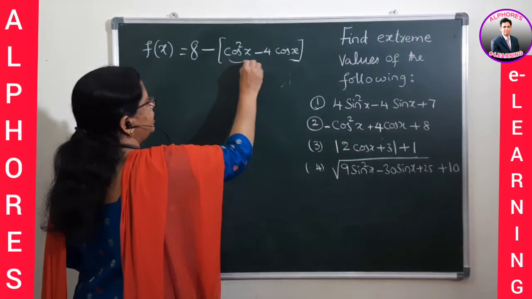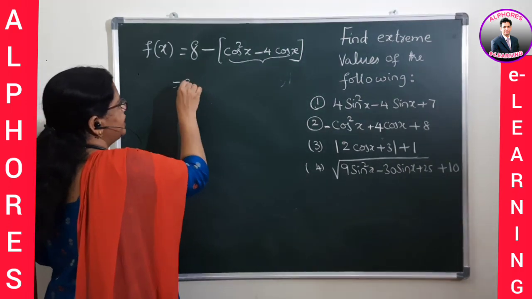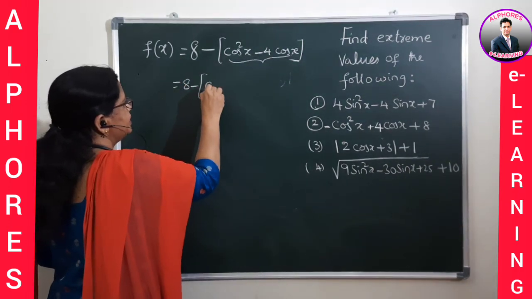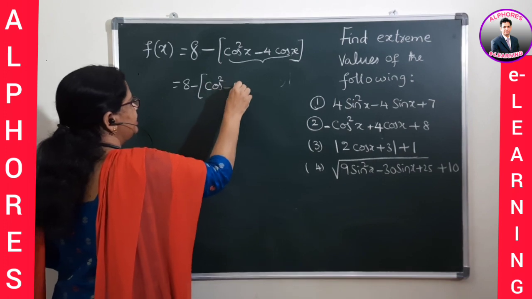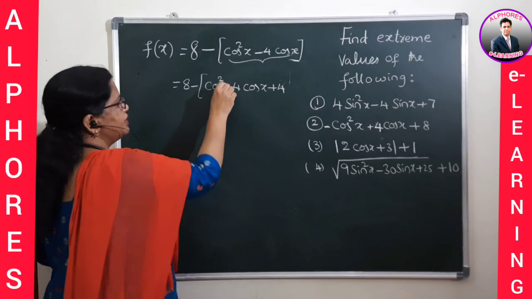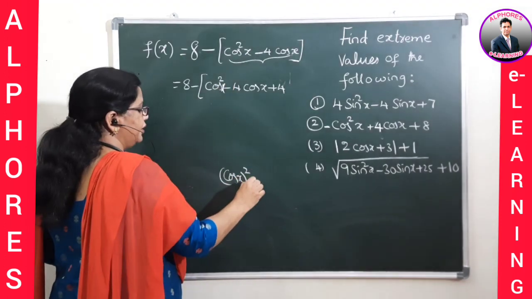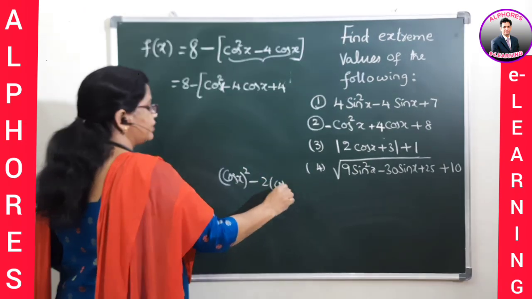Now I want to get this as a perfect square. To obtain this as a perfect square, 8 minus this is cos square x minus 4 cos x plus 4 I am writing. Because it is nothing but cos x whole square, after that minus 2 into cos x.